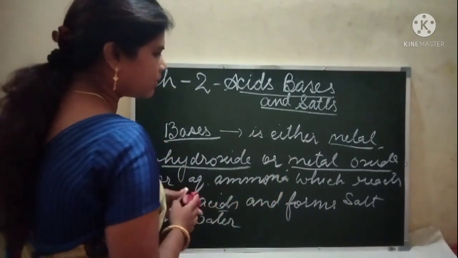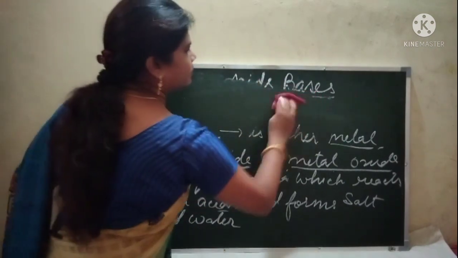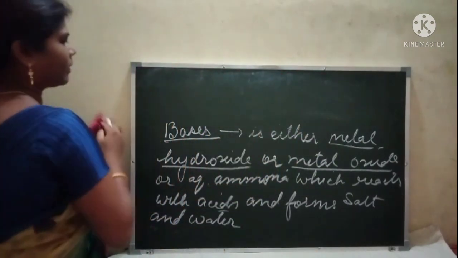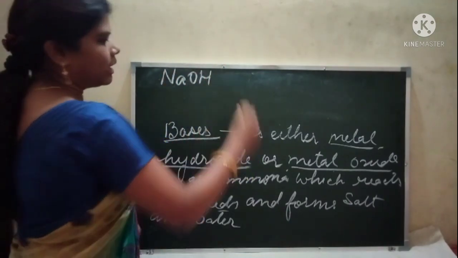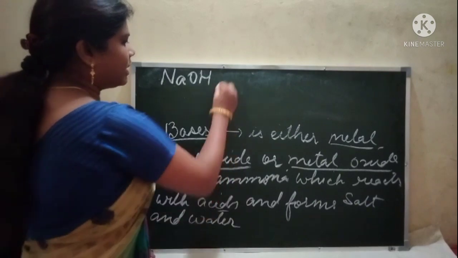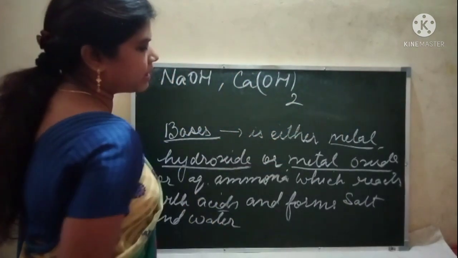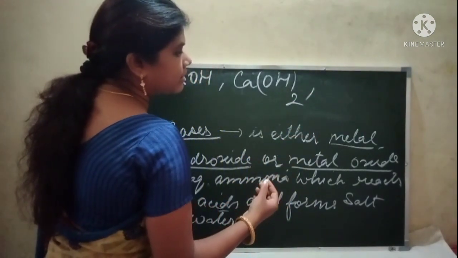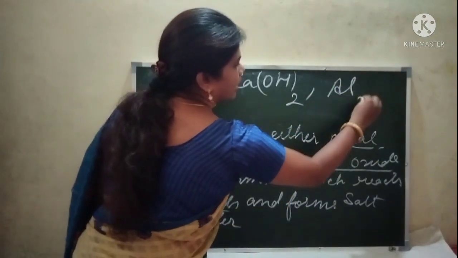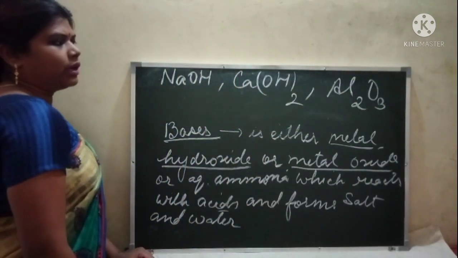So that means NaOH is a metal hydroxide, Ca(OH)2 is a metal hydroxide, or you can take the example of Al2O3, a metal oxide.